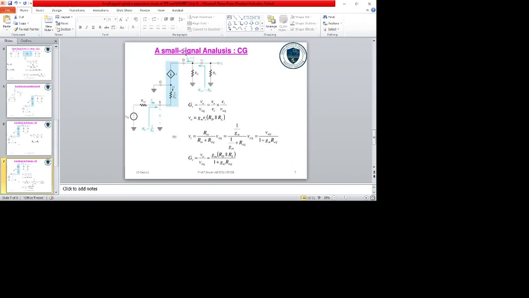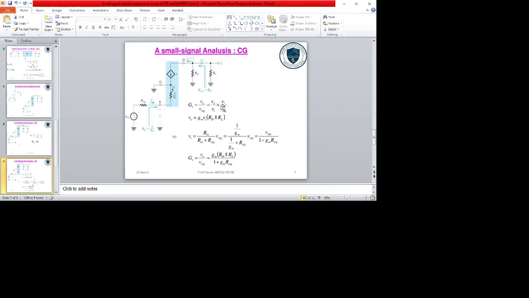When we are talking about the voltage gain factor for this common gate configuration, we can find the output stage gain factor as well as the input stage gain factor. So VI by V signal is the input stage gain factor, where V signal is the input and VI is the voltage at the input terminal. Here the input terminal is the source.